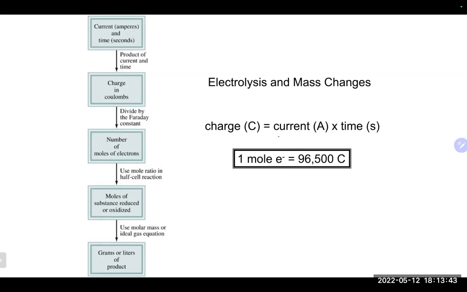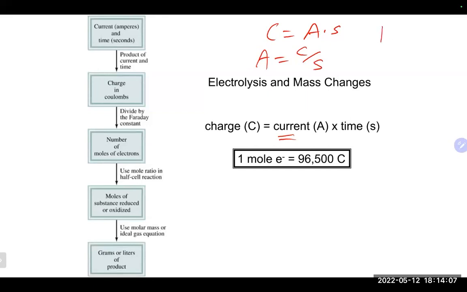And that's where this relationship comes into place. A charge or a coulomb is equal to the current in amperage times time, which means a coulomb is equal to an amp times seconds, which means an amperage is a coulomb over a second. So that is a way you could convert the amperage they give you into coulombs per second.